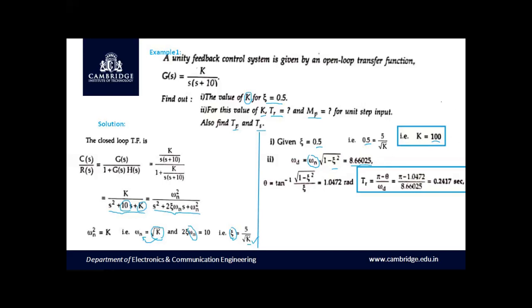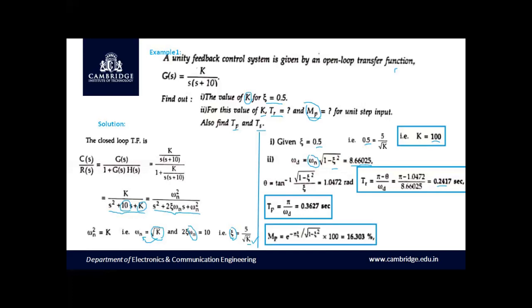We can substitute for theta as 1.0472 and omega d as 8.66025. Therefore, I can obtain TR as 0.2417 seconds. Similarly, we can calculate TP, which is given by pi by omega d. Pi divided by omega d, with omega d as 8.66025, gives TP equal to 0.3627.